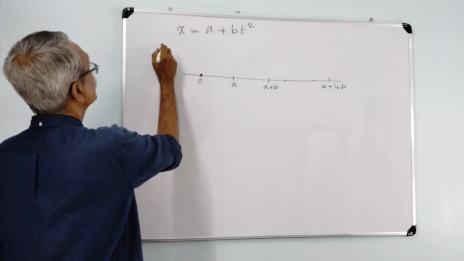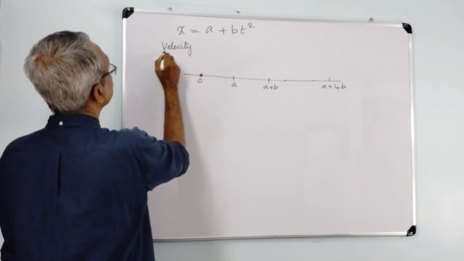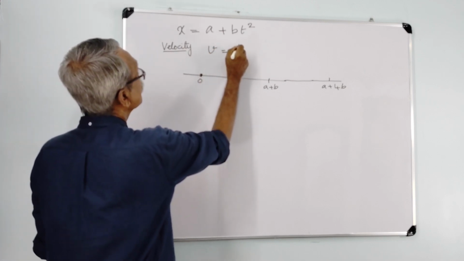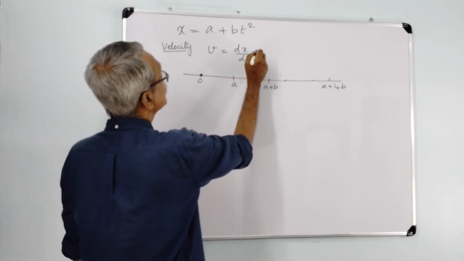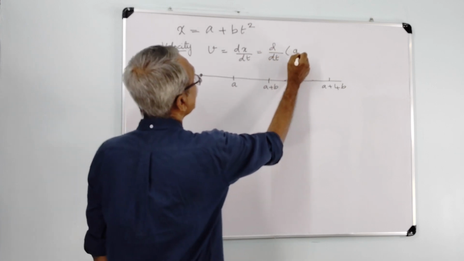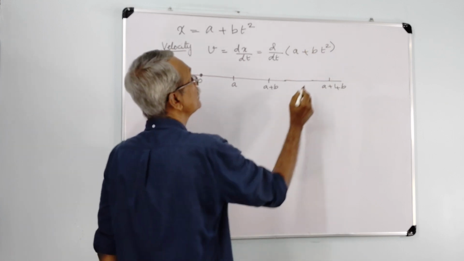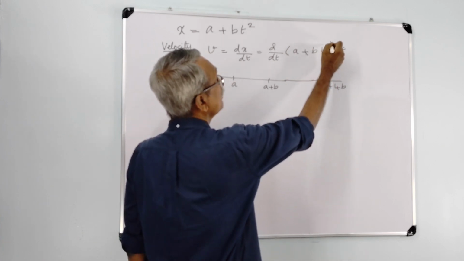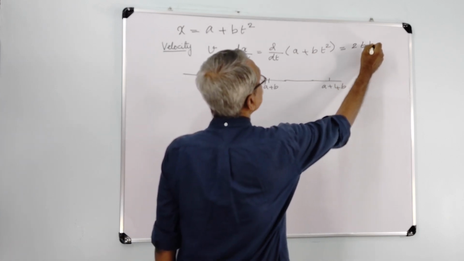We know that velocity v is equal to the derivative of x with respect to time t, which is d by dt of a plus b t squared. a is a constant, its derivative is 0, b is a constant, the derivative of t squared is 2t, therefore this is 2bt.